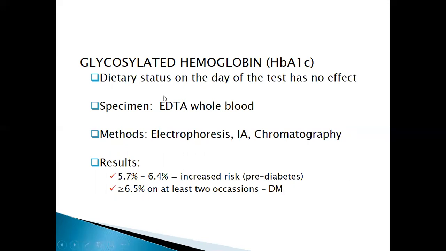Now, the usual specimen that we use is whole blood anticoagulated with EDTA, and we do not let the patient fast, because this is not affected by the dietary status of the patient on that day.